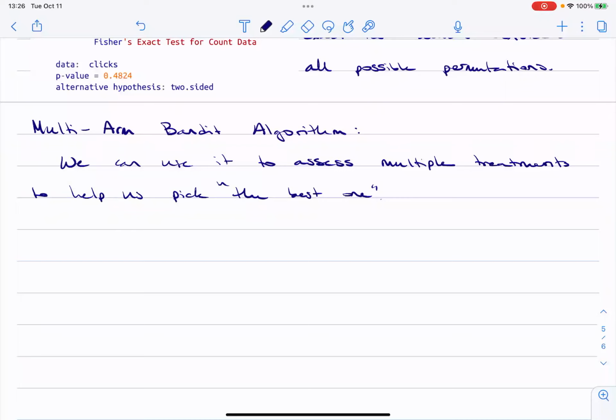Then as you see that one is succeeding, you're going to increase the probability a little bit of sending people to that version of the website. You don't want to just go for that one because that was just in the beginning. So you let the other ones play out. And if one starts improving, then you can shift and send more people to that one. And then finally, you'll start to see which one wins out in the end.